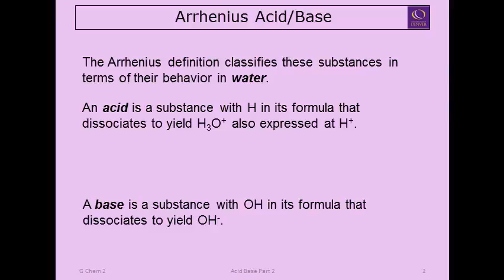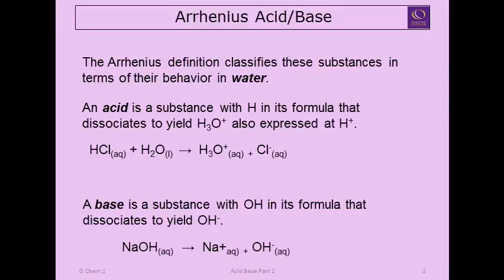A base is basically something that gives up a hydroxide ion in solution. So hydrochloric acid, drop it in water, it's going to give up a hydronium ion and chloride counter ion. Sodium hydroxide, you drop it in water, gives up sodium cation, but the hydroxide anion, which is what defines it as a base according to Arrhenius. Just a reminder again that the fact that we're using H3O or H+, those are fairly interchangeable.